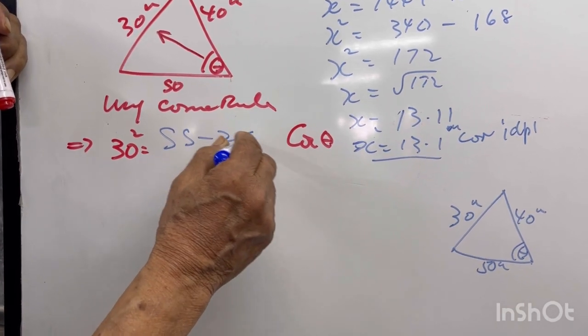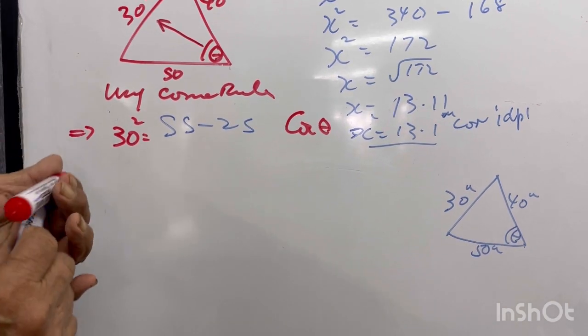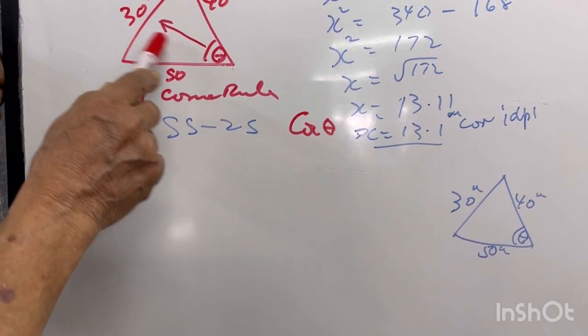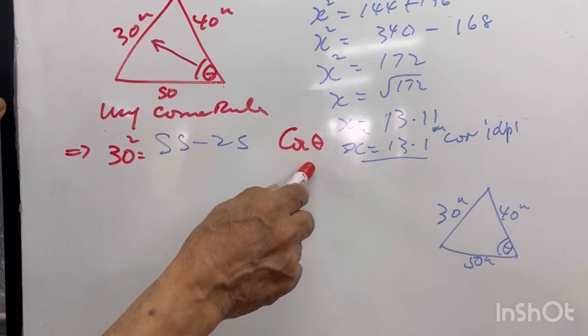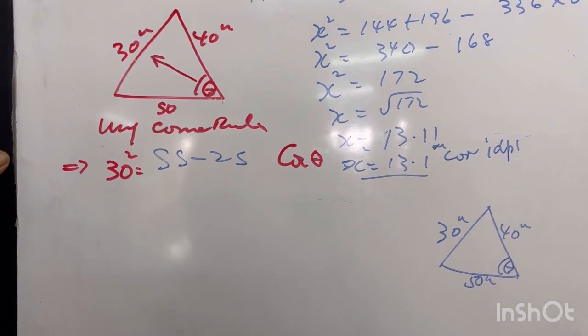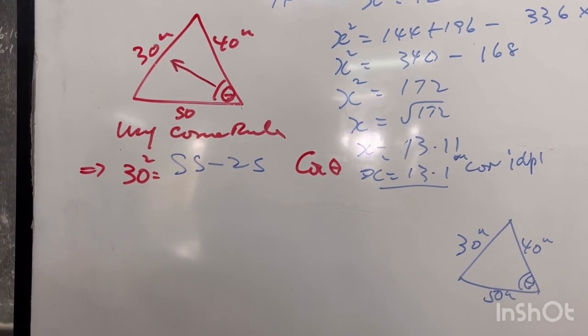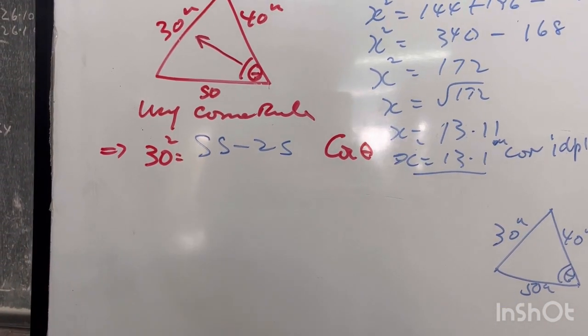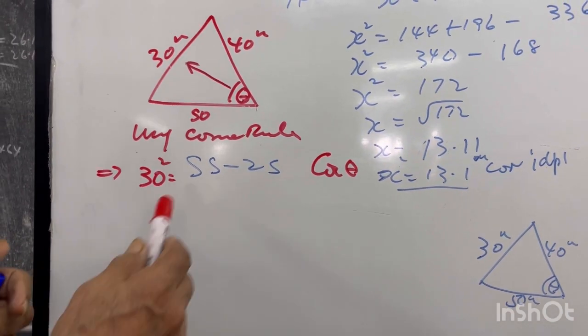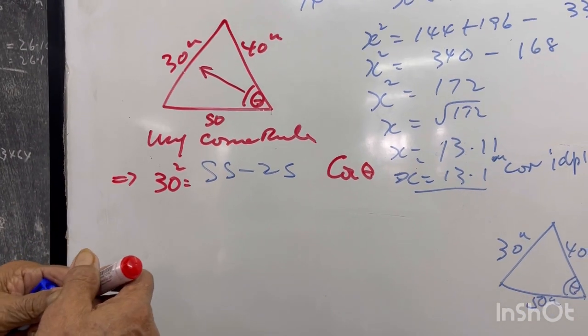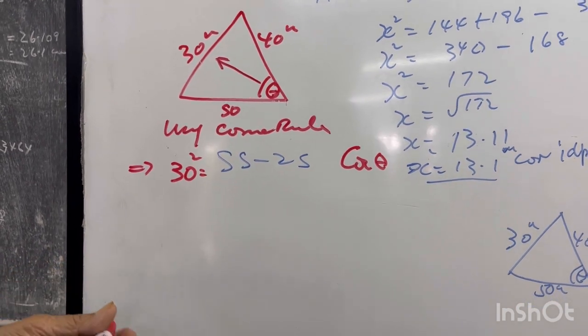SS minus 2S. That's the cosine rule. The pair, left hand is the side, right hand is the angle. What goes in the middle? In basic language, we say, what is in the belly? Well, this is in the belly: SS minus 2S. What do you mean by SS2S? We'll come to that now.